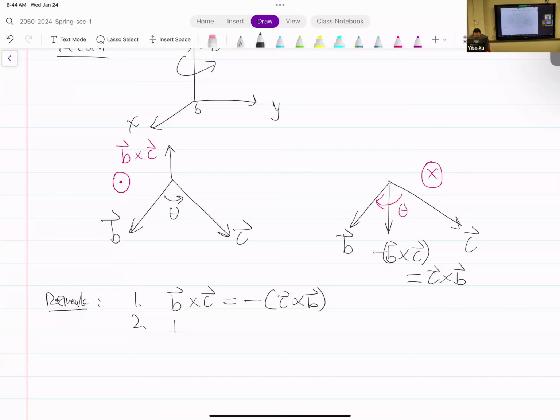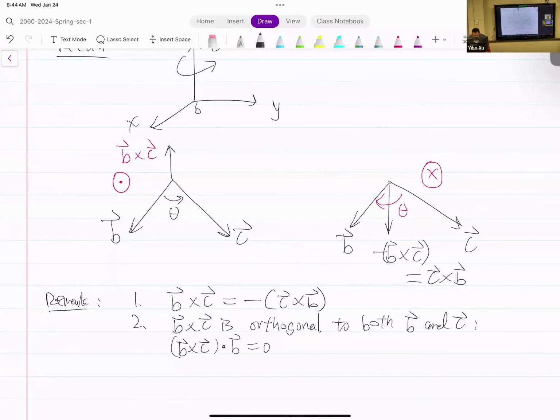Two, B cross C is orthogonal to both B and C. B cross C dotted with B equals 0, and B cross C dotted with C equals 0.